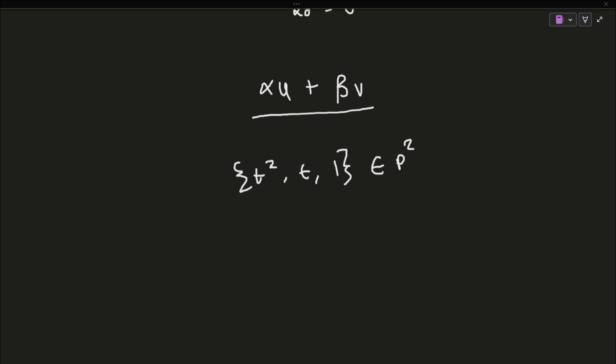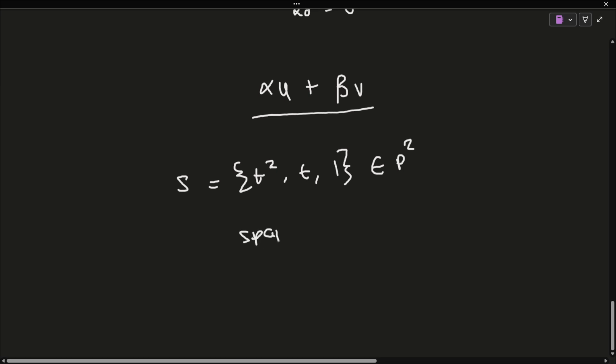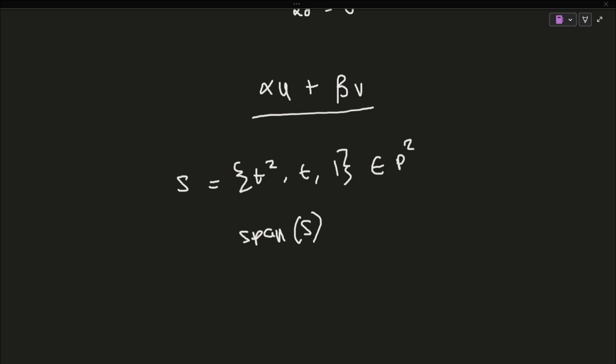So we're going to say this is S, and we denote span like this: span parentheses S. And so the span of S equals the set of all linear combinations that we can make with this, and that's just going to be all polynomials, so that's just P2.